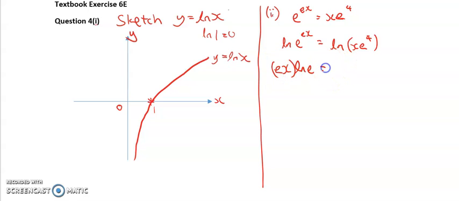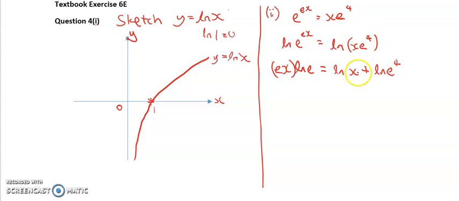On the right-hand side, we can't bring the power of 4 down because inside this ln is a multiplication, x times e to the power 4. The power of 4 belongs to e only, so we can't bring 4 out. The only thing we can do is use the product law to split the terms.